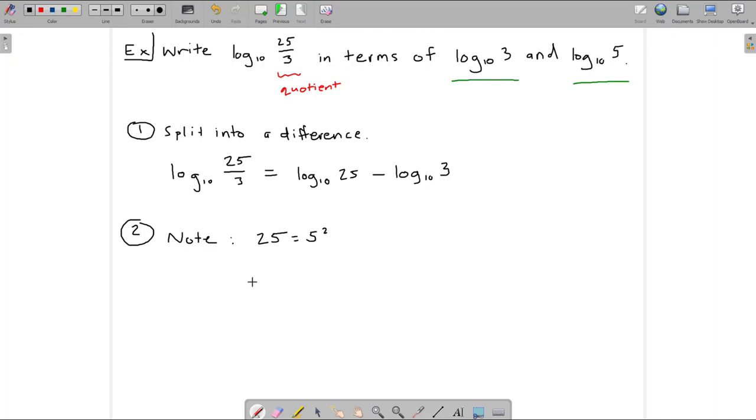I'm going to rewrite this now: log base 10 of 5 squared minus log base 10 of 3. Now I have this power that I can bring to the front using the power property.